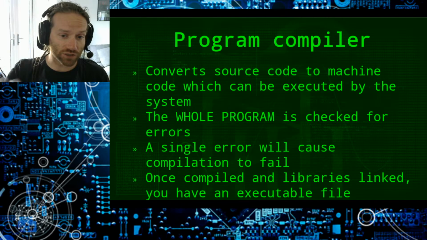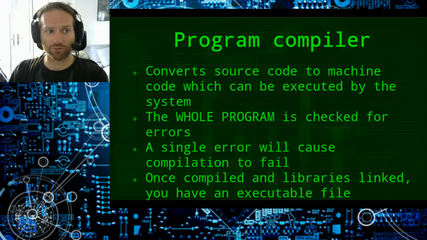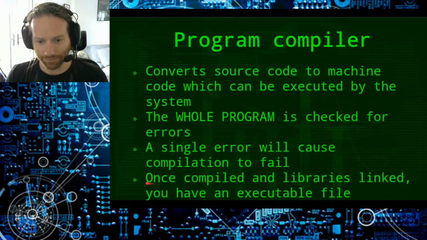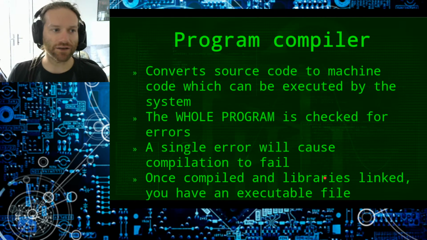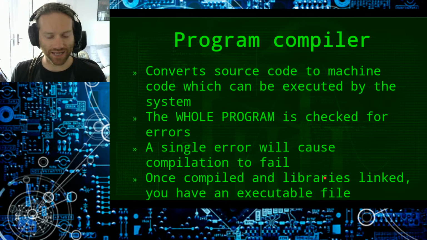And there was also a reason why I brought physics into the whole equation here, and that's because down here you will notice this last bullet point, which I did not mention. Once compiled and libraries linked, you have an executable file. Okay, now what I mean by that is as follows.